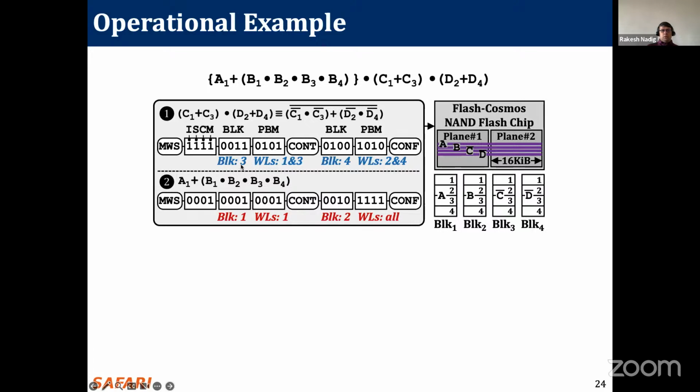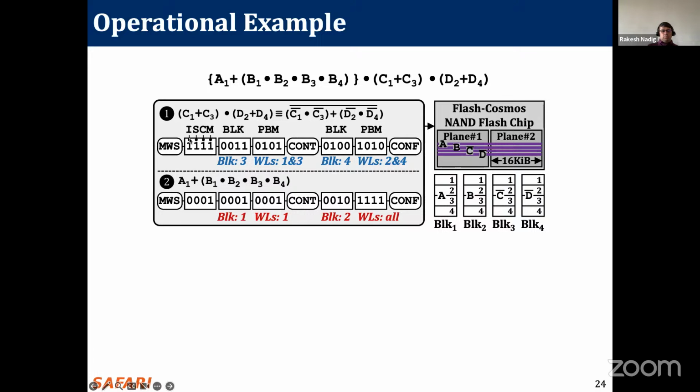So we see block 3, indicated by this bitmap, for C, and then block 4 for the operand D. The page bitmap indicates which pages are to be considered in each block. So pages 1 and 3 need to be read for this computation, and pages 2 and 4 in block D.